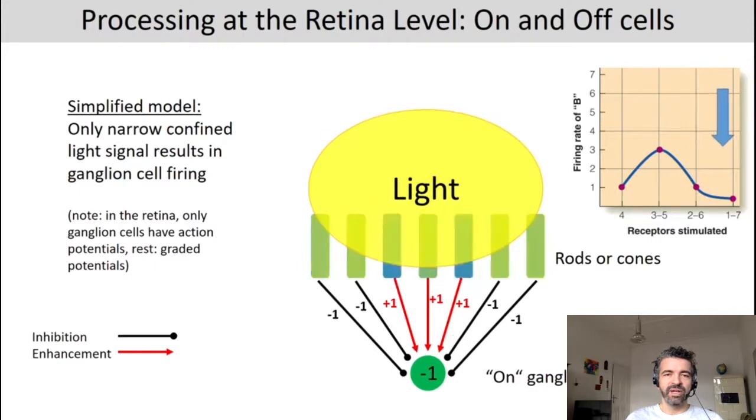And if we have even more light, the ganglion cell might even be suppressed. This is important because it shows us that already at the retinal level there's an activation of the ganglion cell possible for specific light patterns, rather than the more light you have, the more likely it will fire.